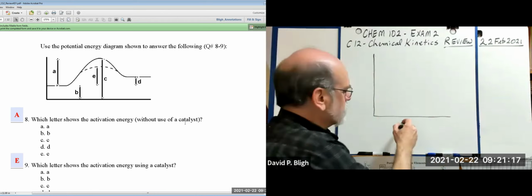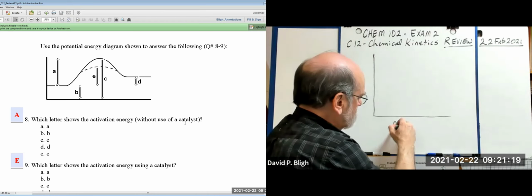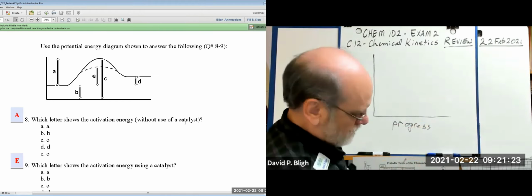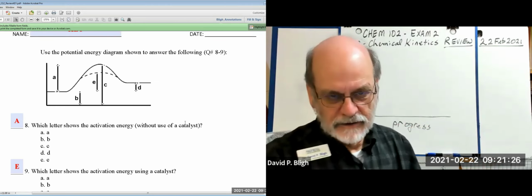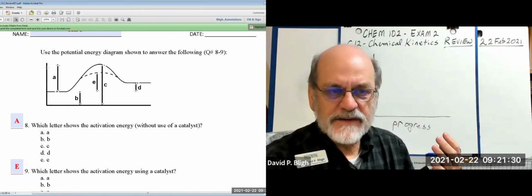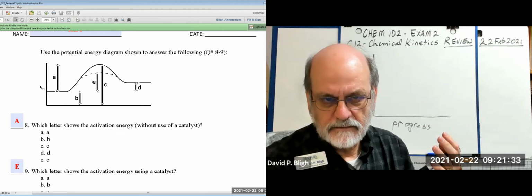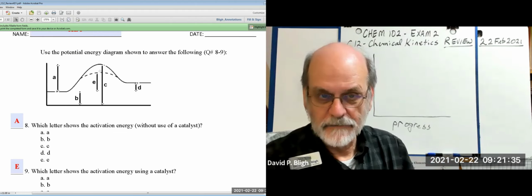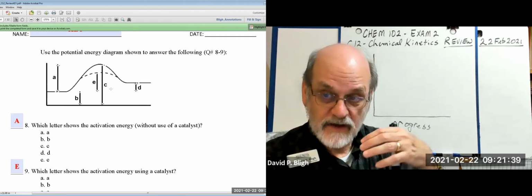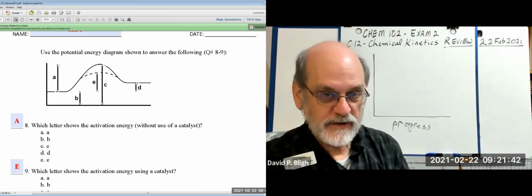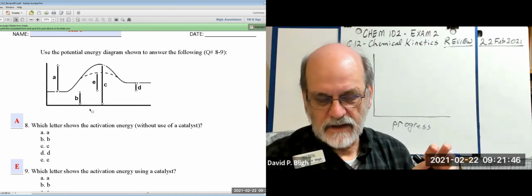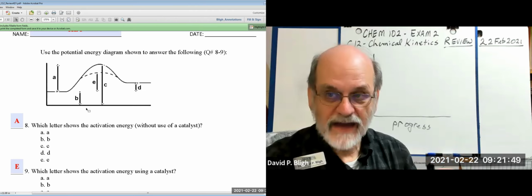So this is the reaction progress, just basically time. And this is the energy. And that's not defined here. The idea is that you recognize the general appearance of this graph, which shouldn't need identification of the axes.